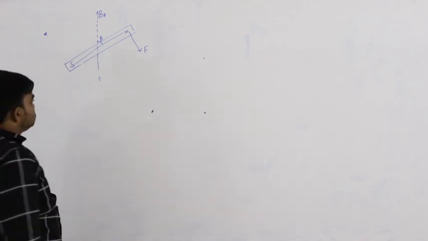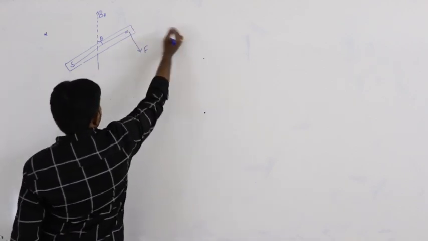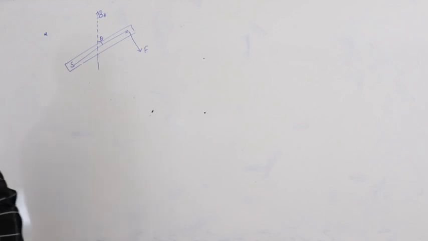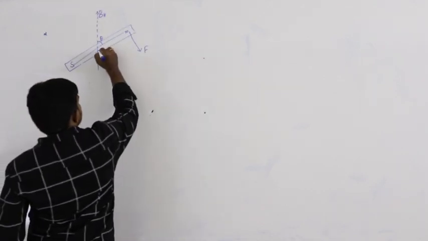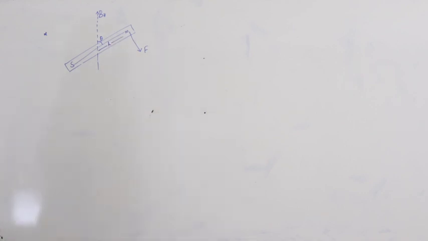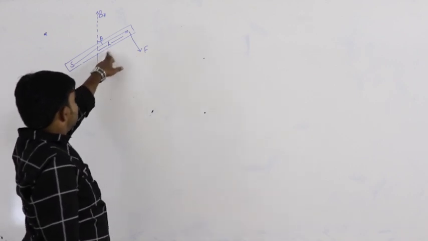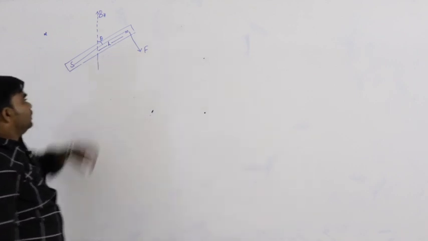In the previous case the force was applied like this, now the force is applied like this. Then what happens? What is the perpendicular distance between the axis of rotation and the applied force? L. The perpendicular distance between the applied force and the axis of rotation is L only.